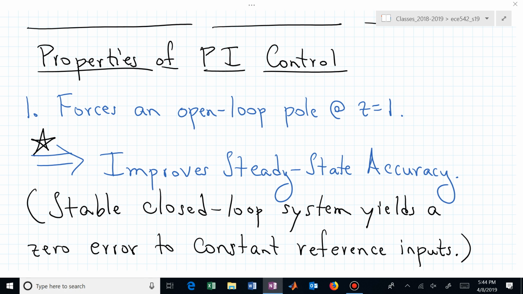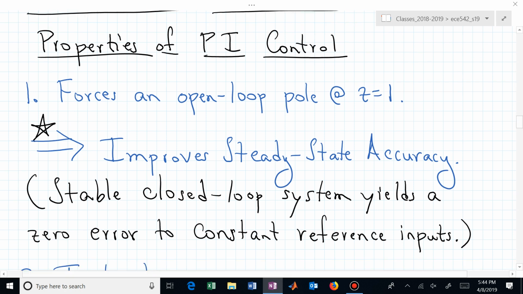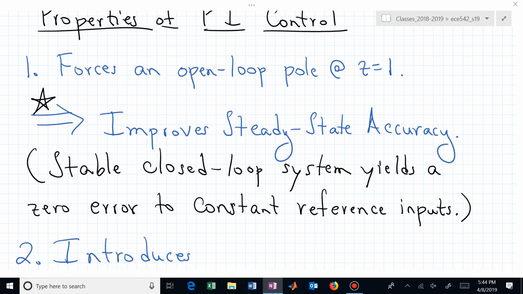And you can see that if you go through the final value theorem and try to figure out the final value of the output y in the time domain given a constant reference input r. But that's one property of the PI control. It improves steady state accuracy.